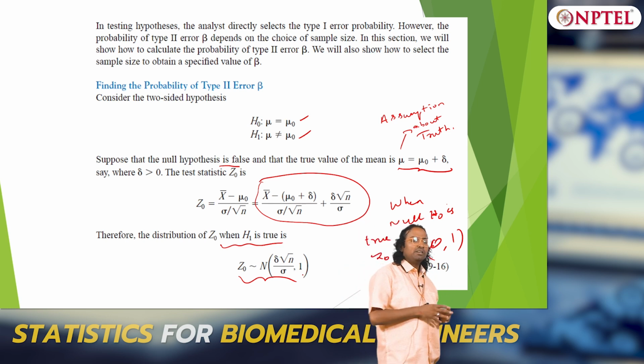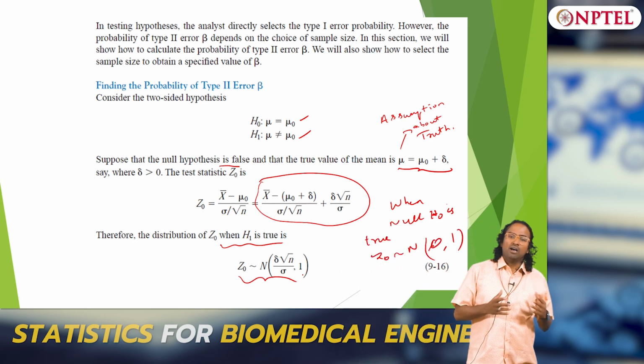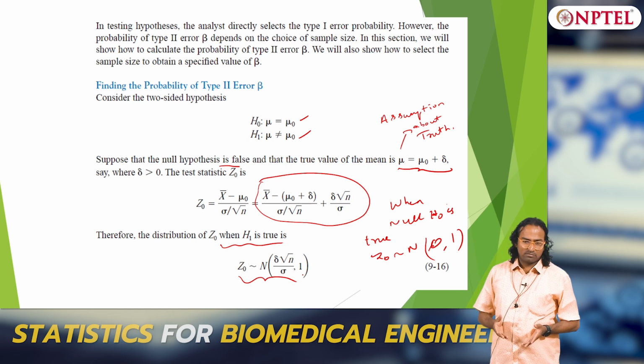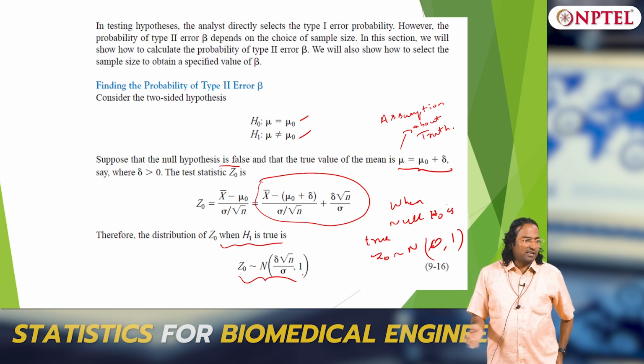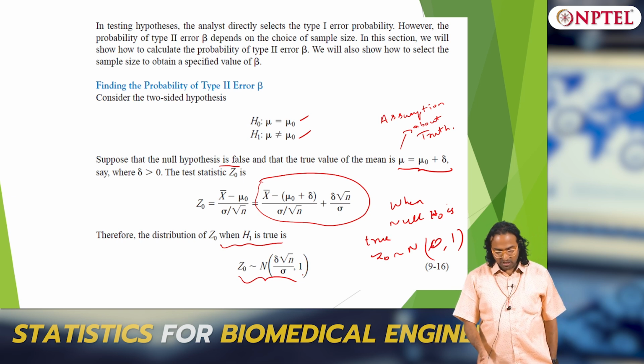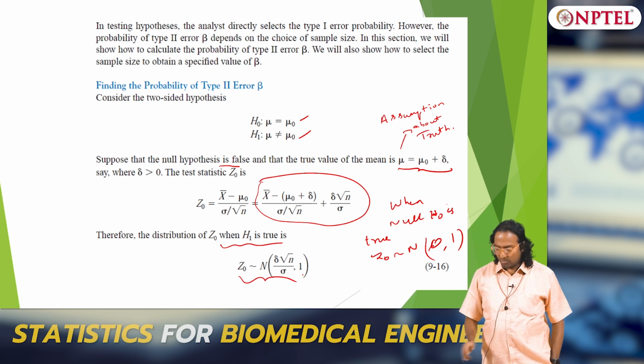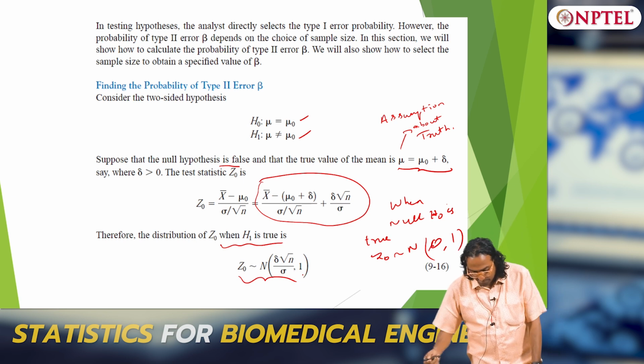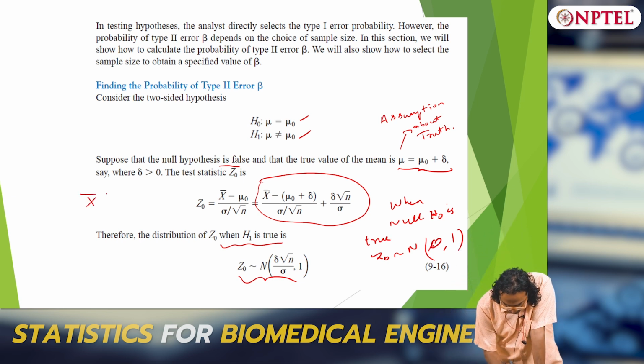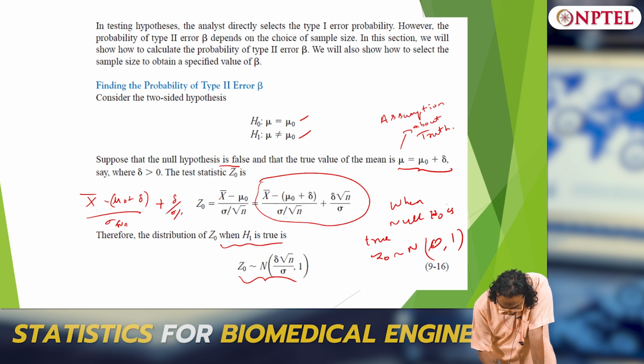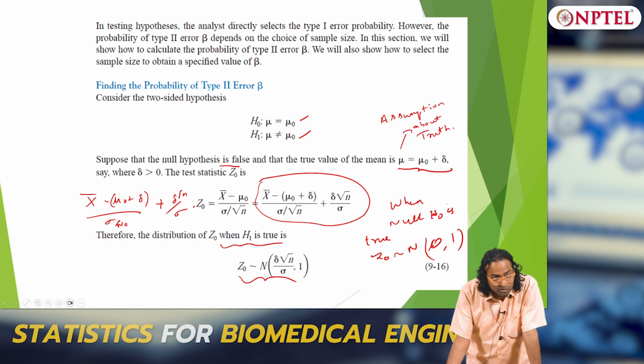That is delta by sigma over root n, which I have rewritten as delta square root of n by sigma. We have just simply added and subtracted mu naught plus delta.